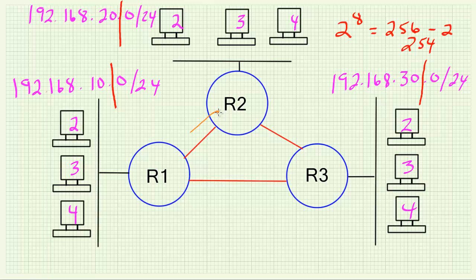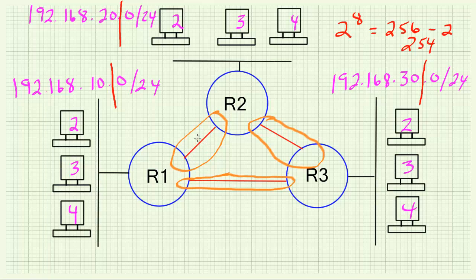So we've got right here, I'm going to draw a circle around that. That's a network. I'm going to draw a circle around that one. That's another network. And then I'll draw a circle around this one. That's another network down here. So we've got these 3 little networks that will never have more than 2 hosts. And those 2 hosts are going to be the router interfaces at each end of the point-to-point link.